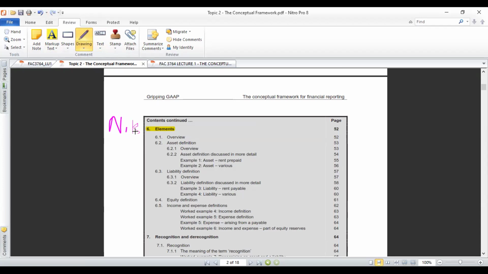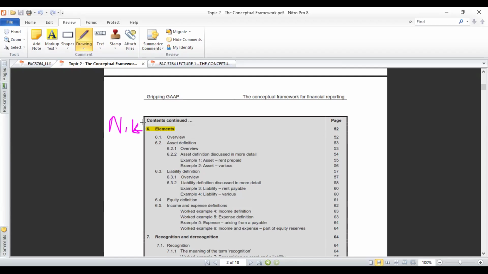Why I'm saying that, because they will bring you, look, your question in the test, it will be integrated normally. So they will not just be testing on the conceptual framework. They will test on other things as well. Like you may even be required to do financial statement of financial position, for instance. They might even ask you to do something to do with the statement of profit or loss and other comprehensive income. And then they'll pitch in a question that tests you on the conceptual framework. But normally, when they pitch a question of that nature, it will be a theory question, discussion type of a question for that matter.